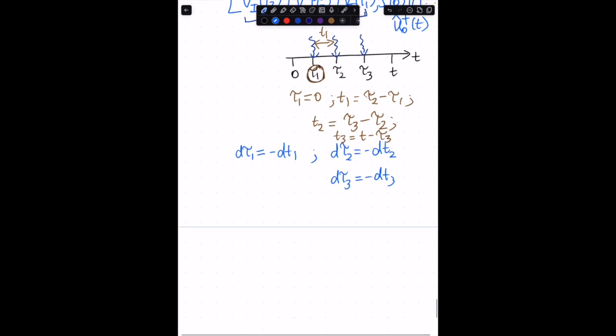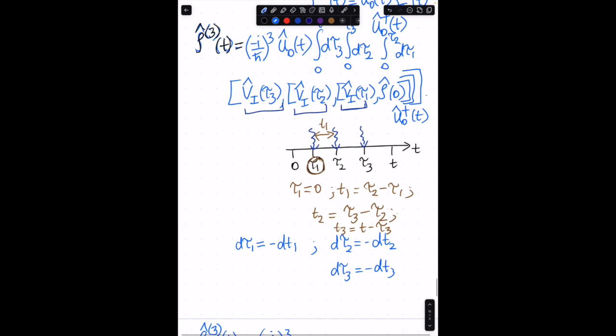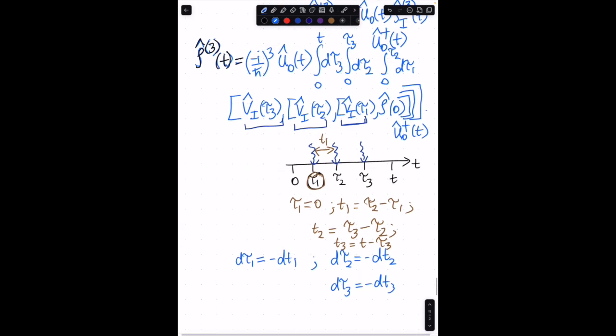You get the third order density operator as minus i upon h bar cubed. You will get an integral.